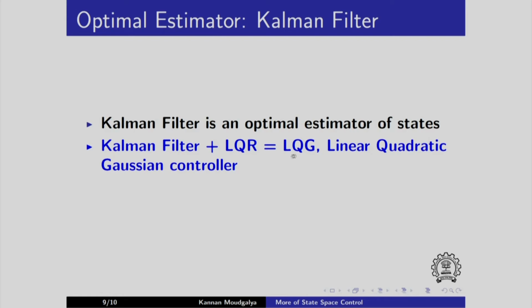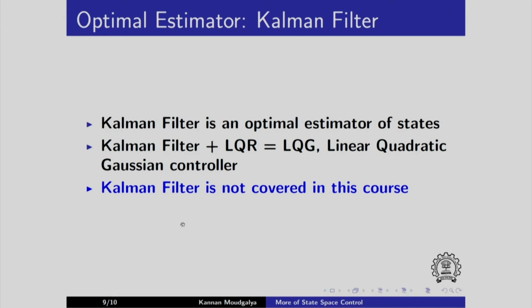When we combine these two we get linear quadratic Gaussian controller or LQG, but we will not cover Kalman filter in this course. We have allocated only 2 weeks to cover state space approach. Normally state space approach is covered in an entire course, and there Kalman filter is covered.